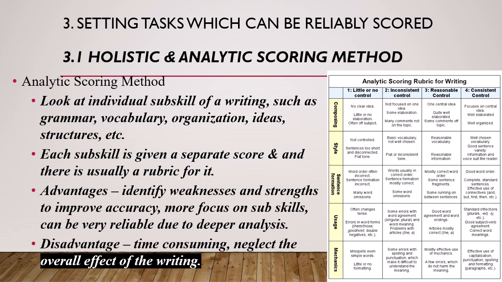We focus too much on the individual aspects of the writing rather than the overall effect that the writing can give. So these can be the two main disadvantages. We sometimes need to care about production too. Accuracy is one thing, but production is, at the end of the day, the most important in a writing test.